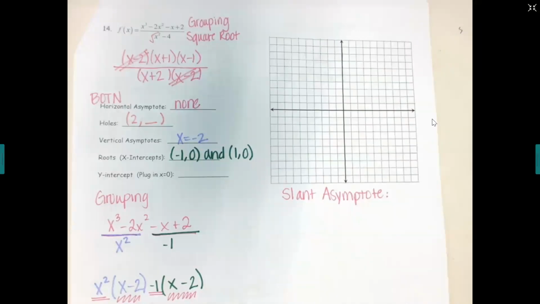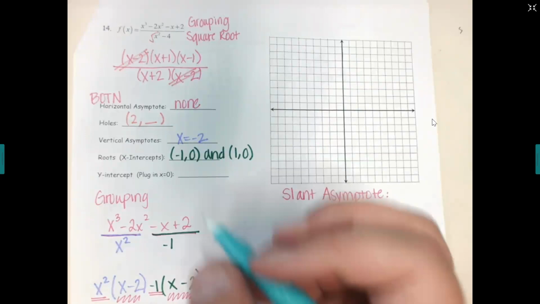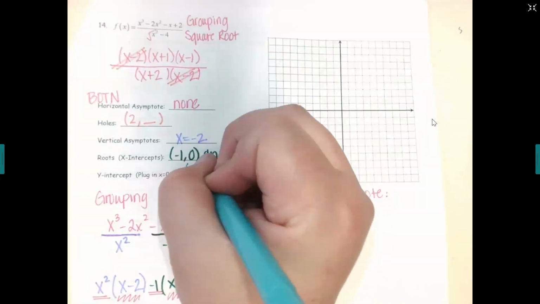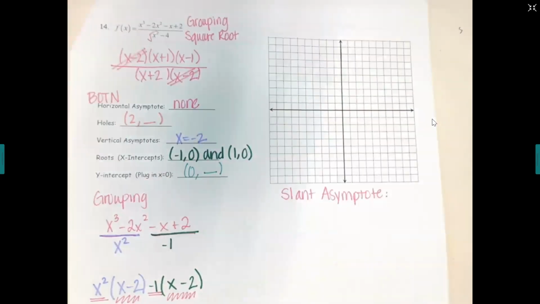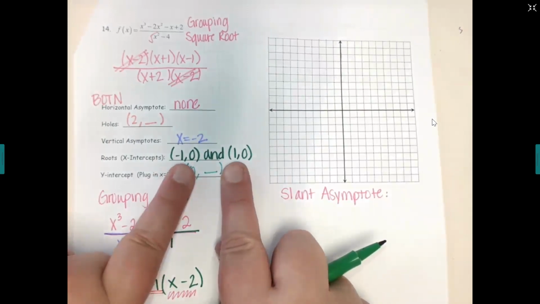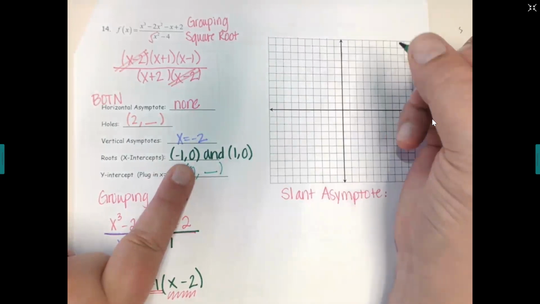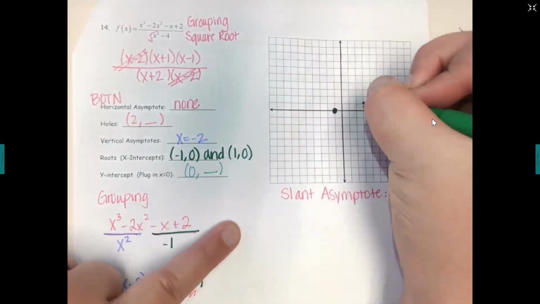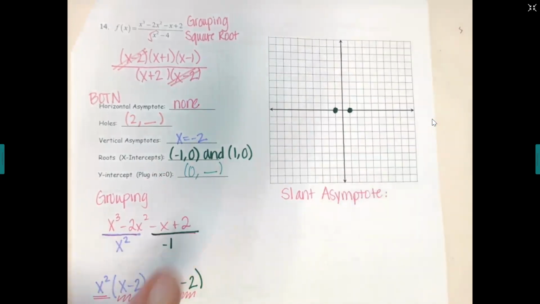And then my y-intercept is whatever zero's partner is. I'll need to use the calculator to find that here in a minute. Now, out of all those features, I can actually graph a couple of those right now. Can we graph our x-intercepts? Where are they supposed to be? -1 and +1.